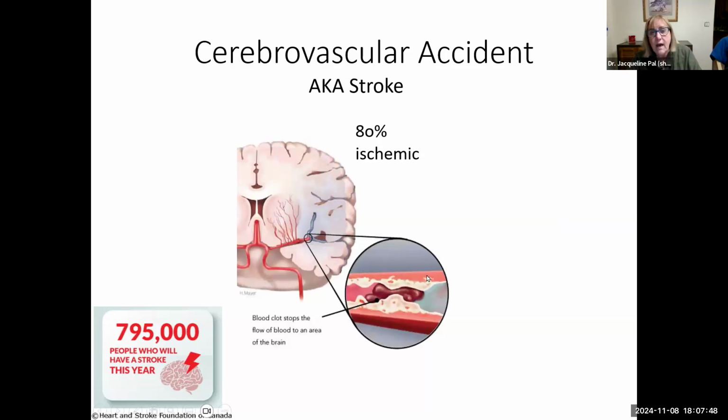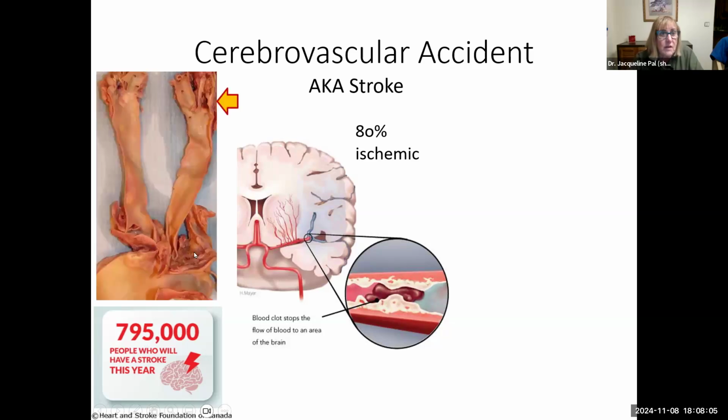So this would be a blood vessel going to the brain that has an area of atherosclerosis. And so you get a clot in that area. So the same thing that I showed you that was causing the angina or the heart attack. Here's an example of somebody who, in their carotid artery going up to the left side of their brain, here is the left internal carotid artery. This is the main carotid artery going to supply the entire left side of the brain.